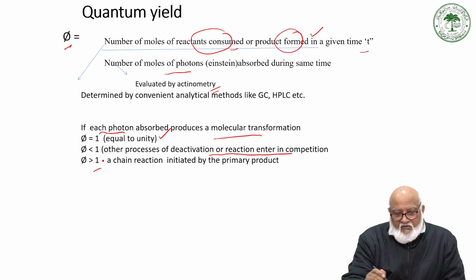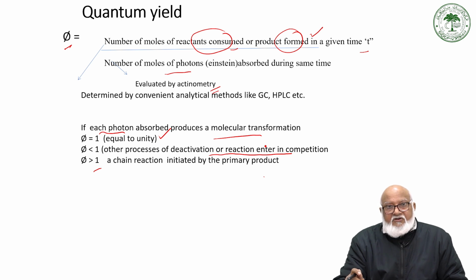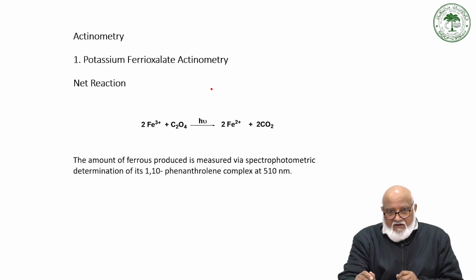And if the quantum yield is more than 1, then a chain reaction has been initiated by the primary product formed in this reaction. As I have mentioned, the number of photons absorbed can be evaluated by an actinometer.